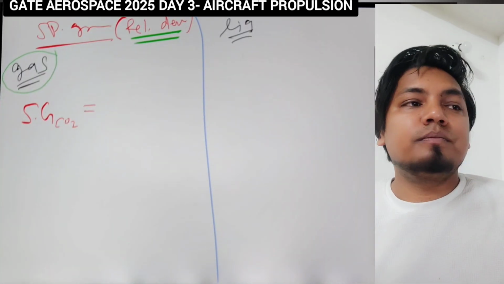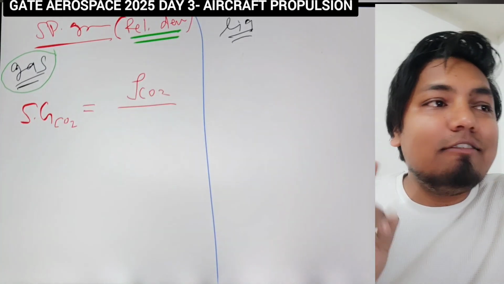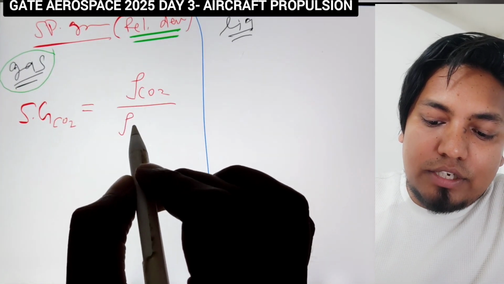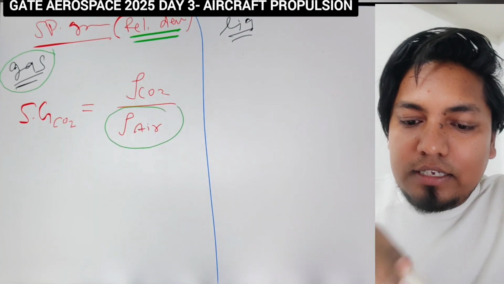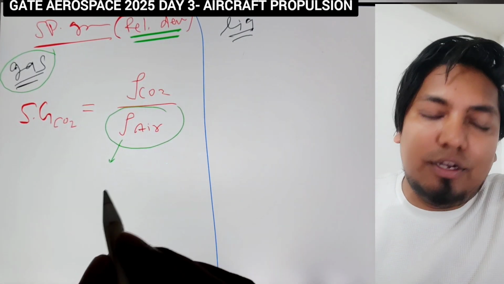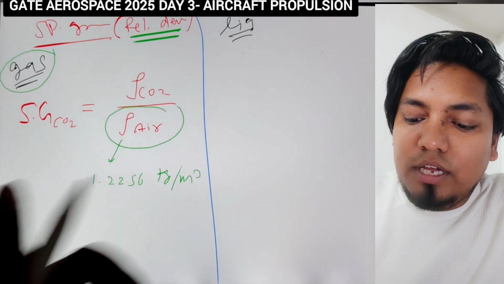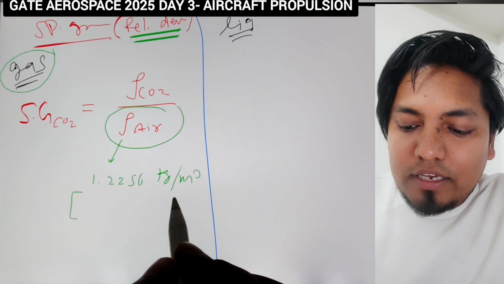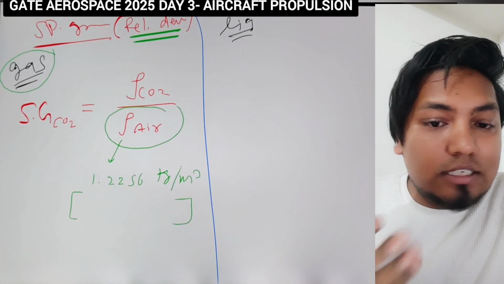Then you write down the density of CO2 and divide it by the density of air. But here this air density is a very standard density. You have to use only one value, 1.2256 kg per meter cube. And this density of air also changes with temperature and pressure, because air is a gas and is compressible.